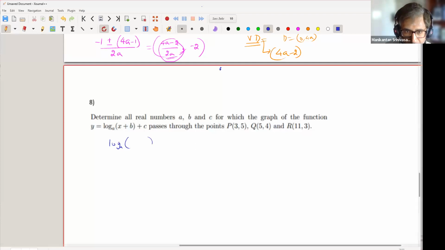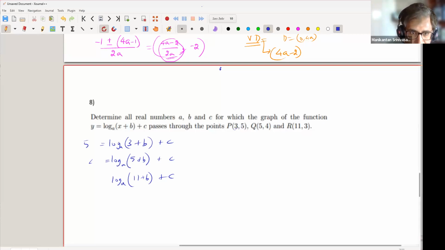The way I try to write out is, because it's difficult to take focus from x and y every single time, I'll just first write out all the x values. Log of a, if there are multiple equations, this is what I would recommend you also do. So finish writing all the x's and then come to all the y's. So 5 plus b plus c, log of 11 plus b plus c, and equal to 5, 4, and 3.